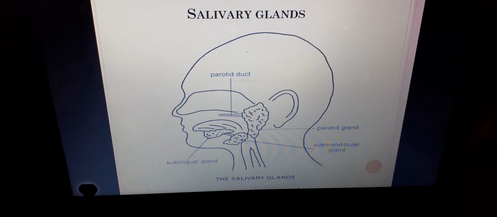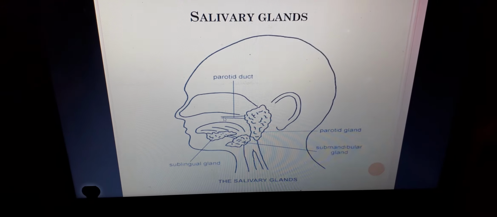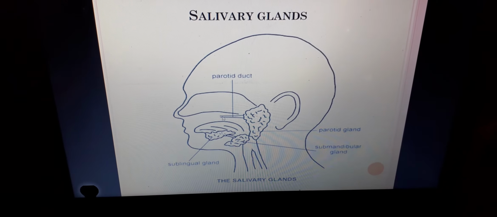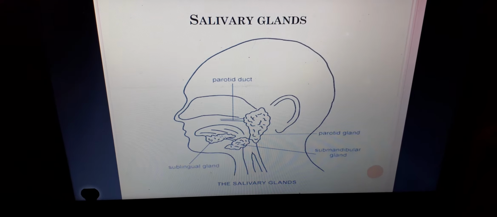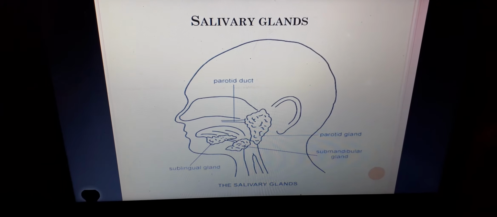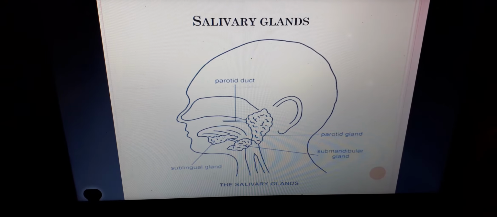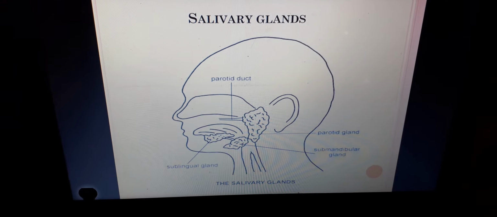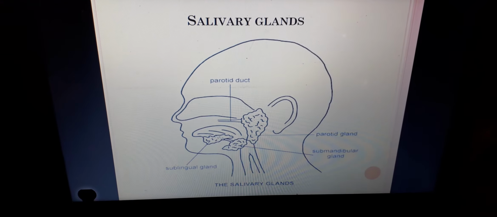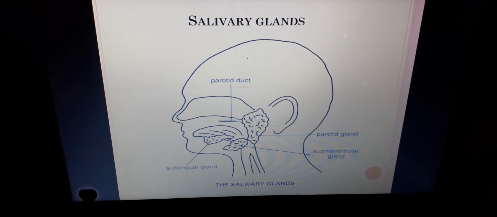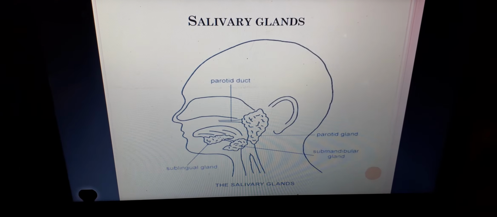They release their secretion inside the buccal cavity, which is known as saliva. You always feel a watery solution inside your mouth, and that is saliva, which is secreted by these salivary glands. This picture is also given in your book on page number 20. So you can see the location and names of these salivary glands.